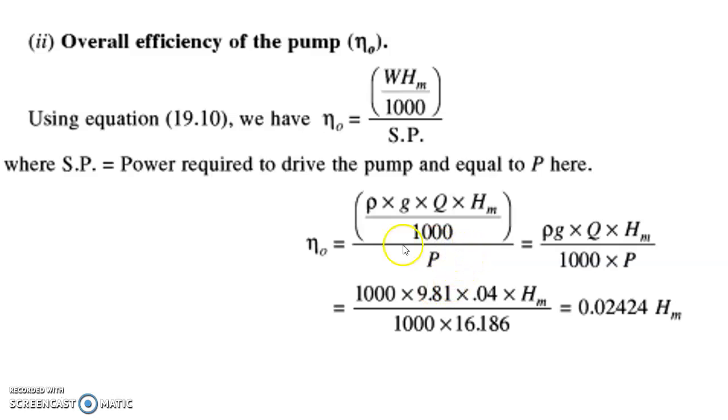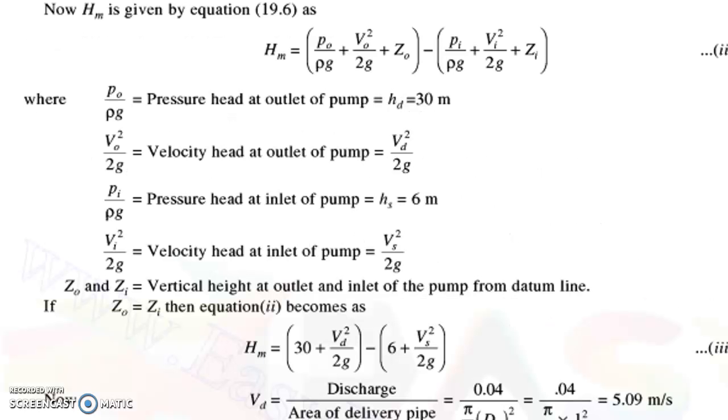So overall efficiency is equal to rho G QH by 1000 divided by shaft power P. Substituting the values, we know that rho of water is 1000, G is 9.81, Q is already given in the problem, and HM we need to find out. The power is already given in the problem, that is 16.186. So from that we got the expression for overall efficiency.